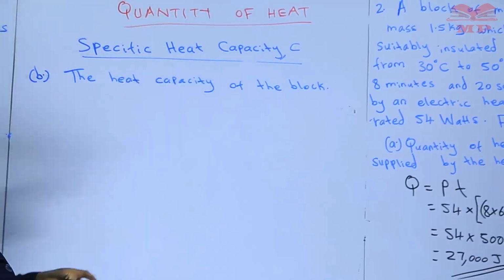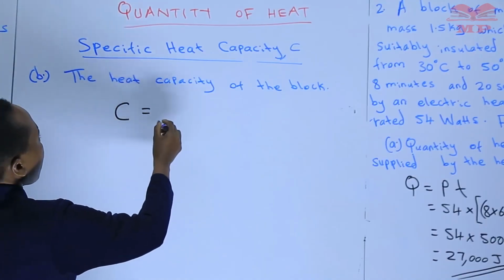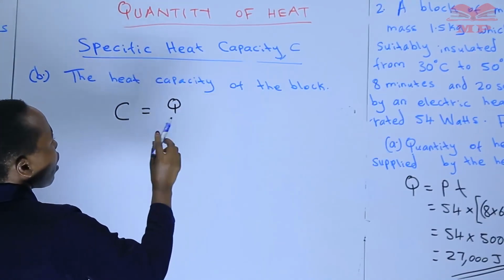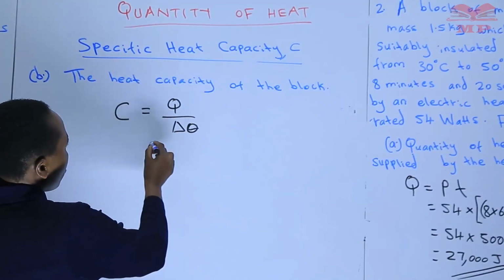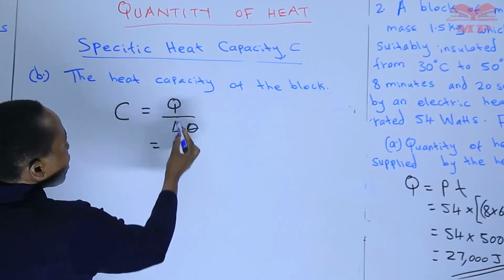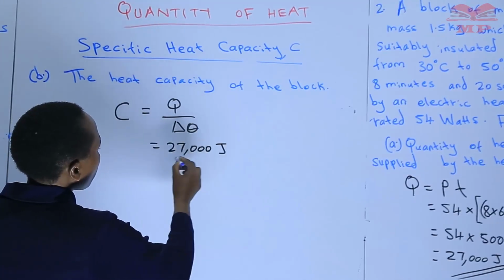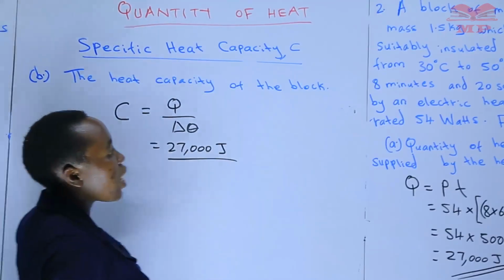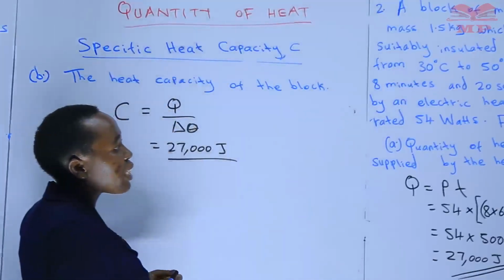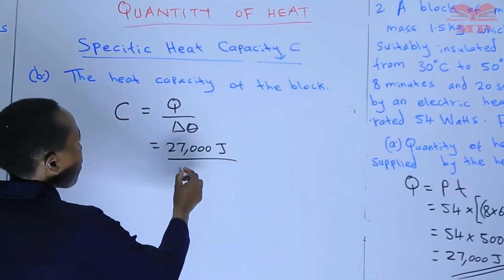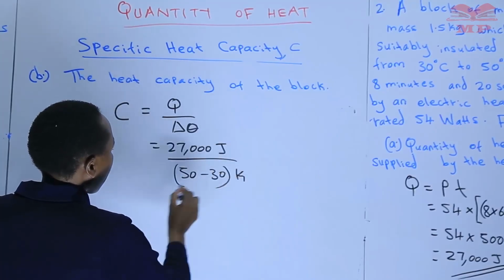So heat capacity of the block, we remember that heat capacity is given by the quantity of heat, in our case supplied, divided by the change in temperature. So our heat capacity, the heat that is being supplied, is 27,000 joules. And the change in temperature, it is being heated from 30 degrees Celsius to 50 degrees Celsius. So the change in temperature will be 50 minus 30, and these are Kelvin.